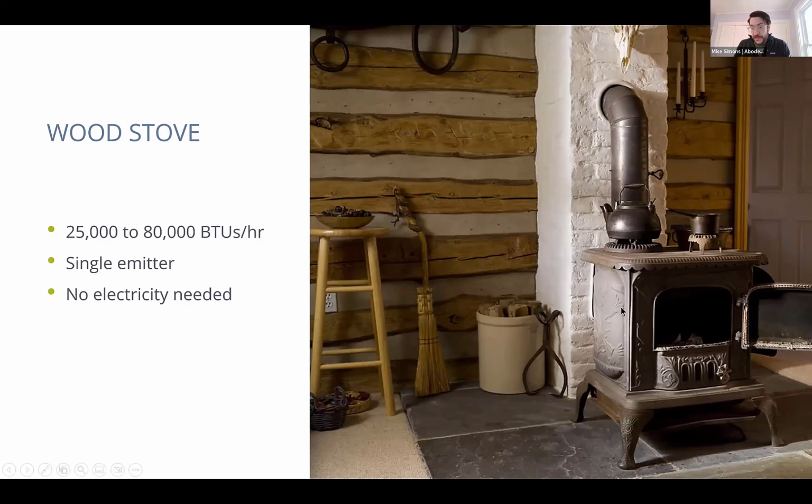Now via radiation, instead of it just radiating out in one direction, now it's radiating out in 6 different directions. Behind it, in front, left, right, top, bottom, everywhere is radiating out from it. So it's just going to make the space feel a lot more comfortable.